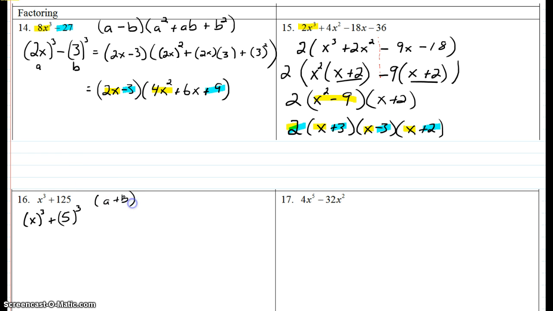A plus B, and then A squared minus AB plus B squared. And so this is going to be our A, this is going to be our B, and so this becomes x plus 5, x squared, and A is x, the B is 5.